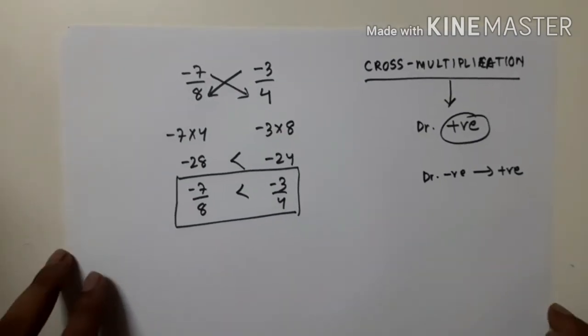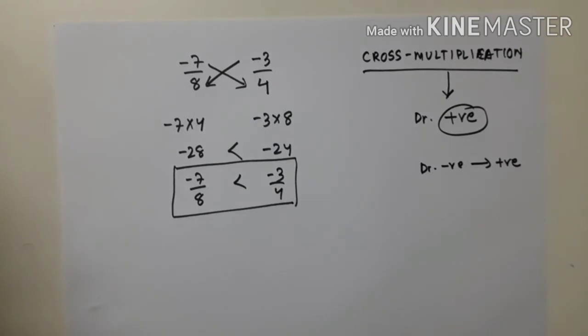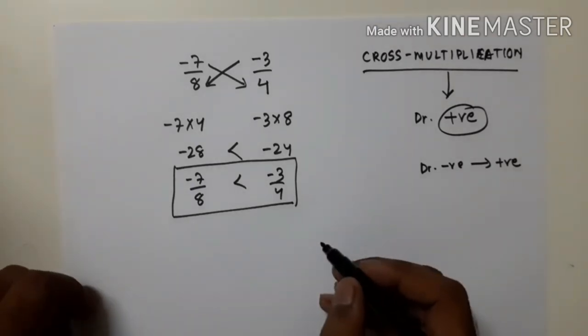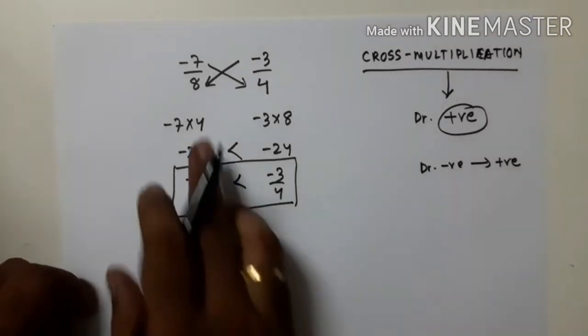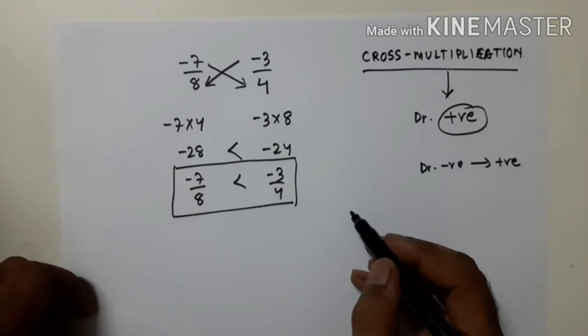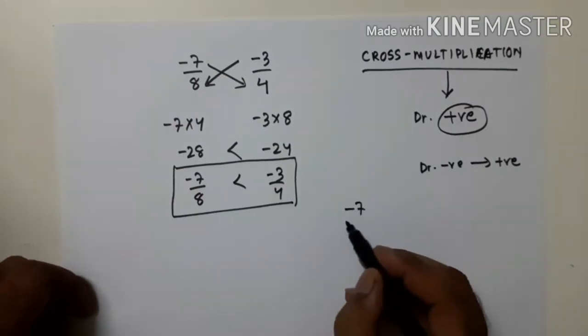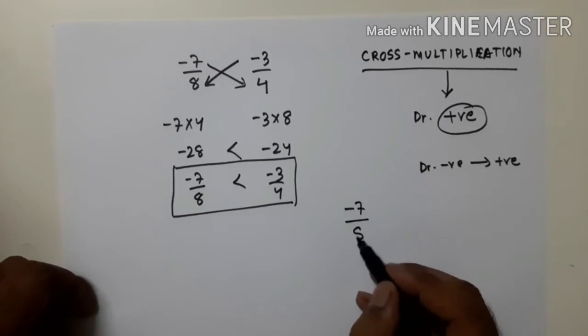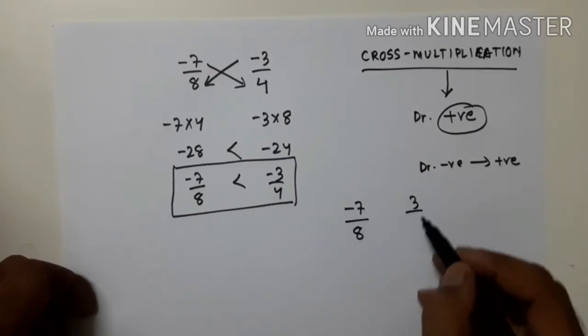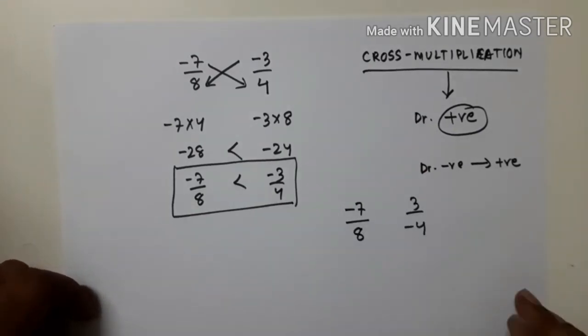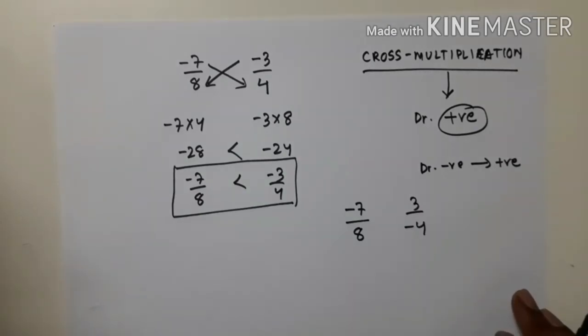This method is very useful whenever we are comparing two rationals. Remember, only two rationals. Now for example, we take another number. Suppose instead of minus 7 by 8 and minus 3 by 4, we had minus 7 by 8 and 3 by minus 4. Here you have to see whether the denominators are positive or not.